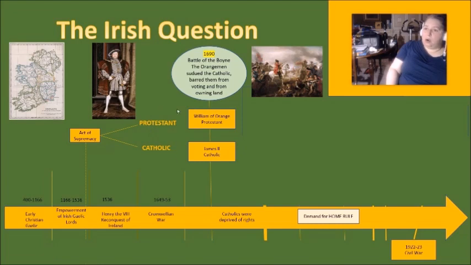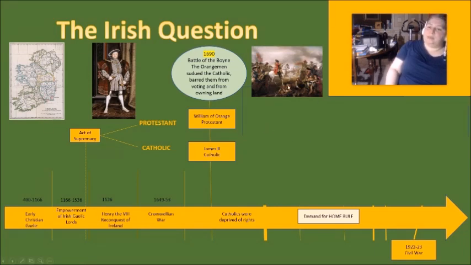Another war broke out, the one between the Orangemen, the military that supported William of Orange, the Dutch Protestant King of England, and the Catholics that supported James II, former King of England, who had been sent away because he was Catholic.